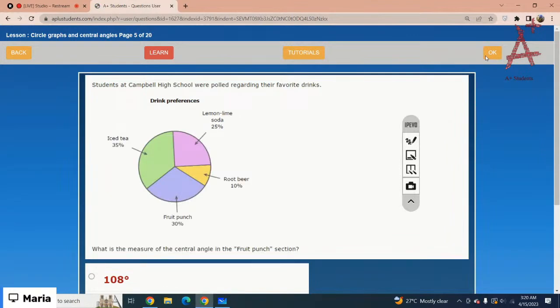Okay, students at Campbell School were polled regarding their favorite drinks. What is the measure of the central angle in the fruit punch section?